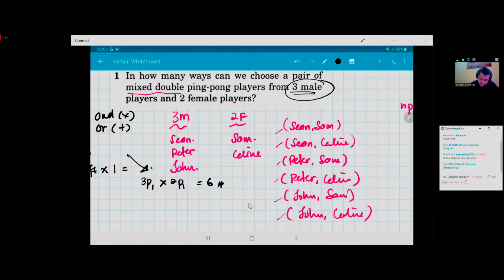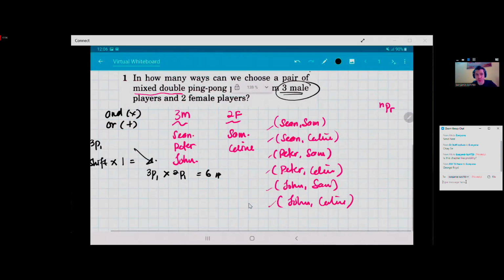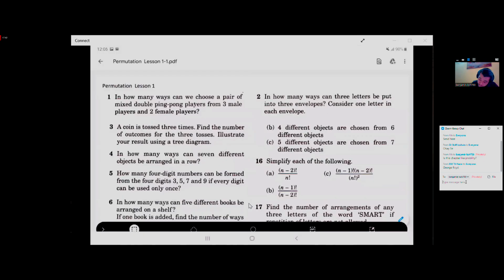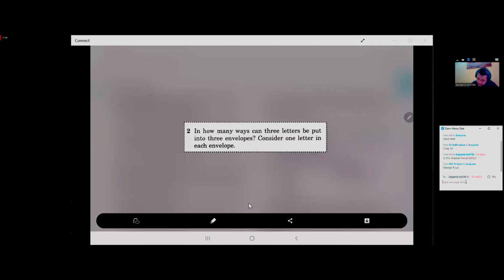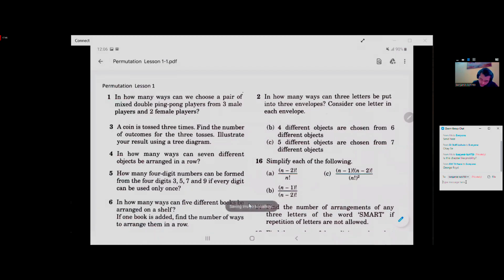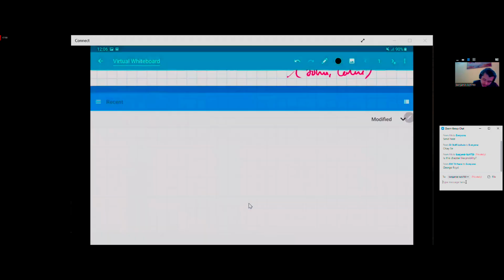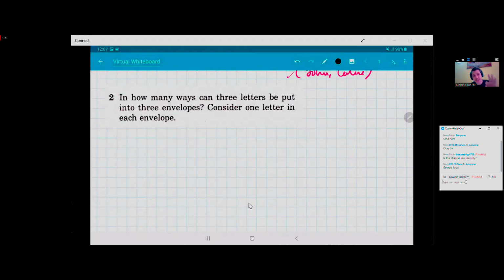All right, so moving on to question number 2. Okay, soalan nombor 2. So for question number 2, the question here asks you, in how many ways can 3 letters be put into 3 envelopes? Now, don't get me wrong.